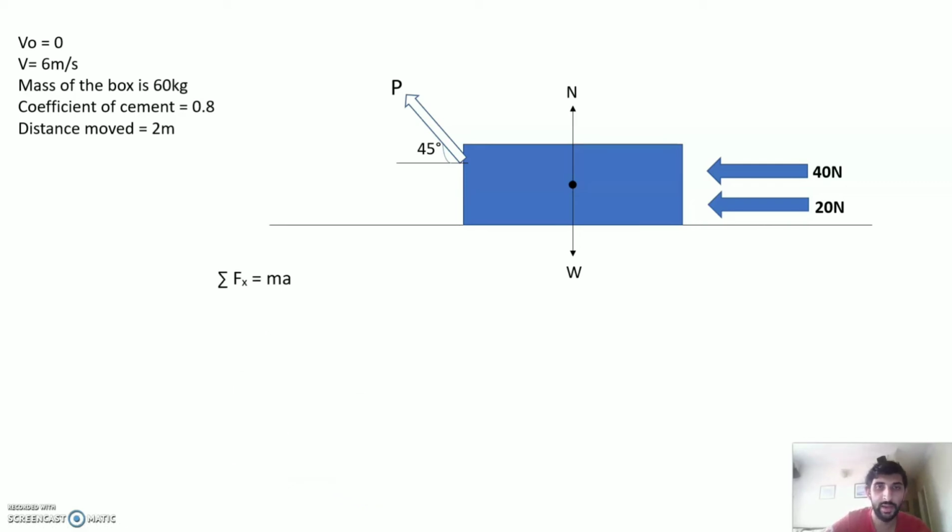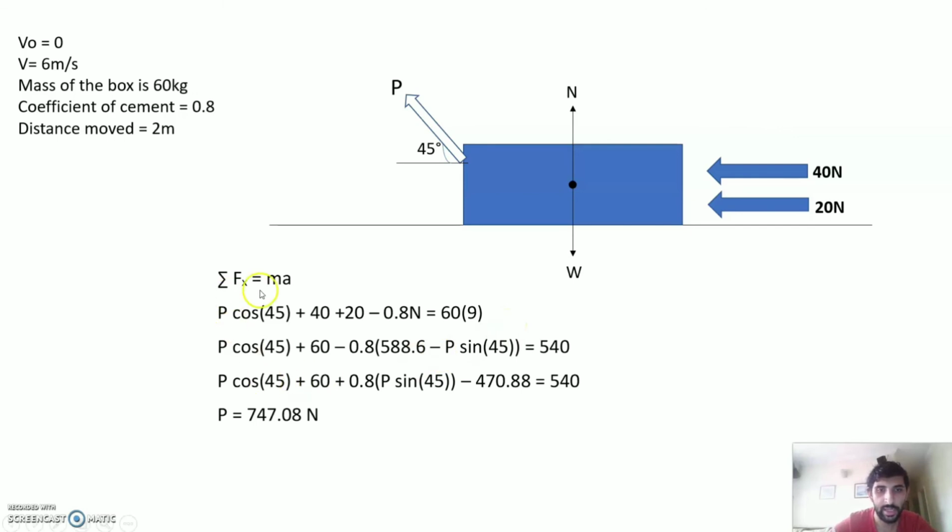Now we want to find the total of Fx, which equals ma. We're going to substitute the Fx with P cosine 45 plus 40 and 20, which are the forces that have been pushing the box, minus 0.8 N, which is the coefficient of friction of the cement underneath the box, equals 60 kg times 9, where 9 is the acceleration we just found, and 60 is the mass.